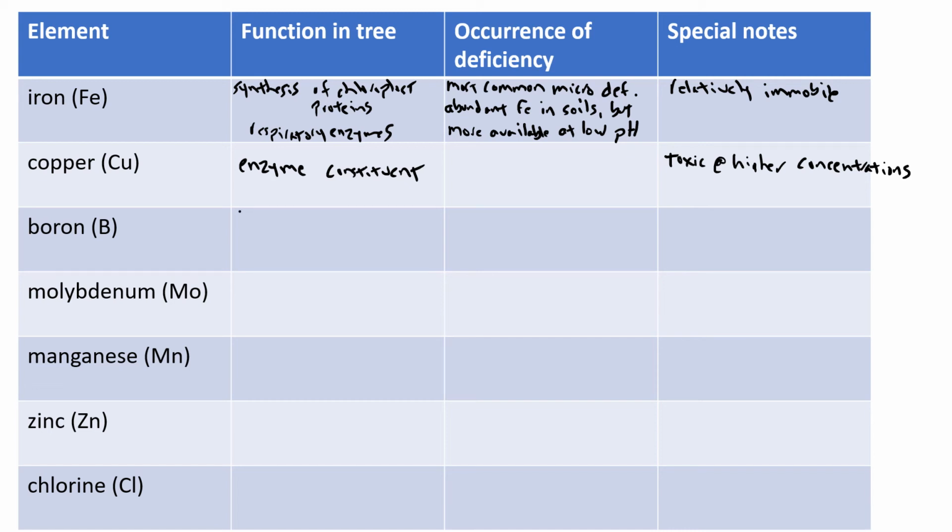Boron is important for carbohydrate transport and metabolism. A lot of these are very general and vague. Boron deficiency is actually fairly common. Boron deficiency, along with iron, is probably the most common micronutrient deficiency.